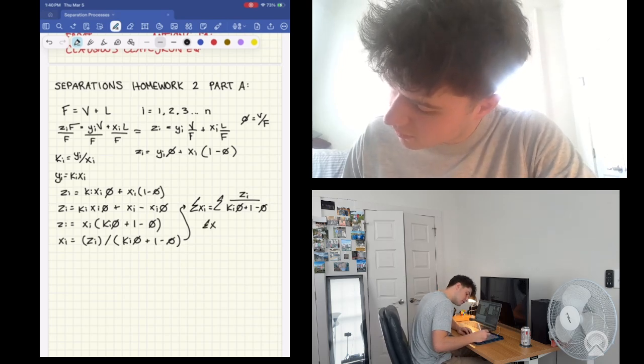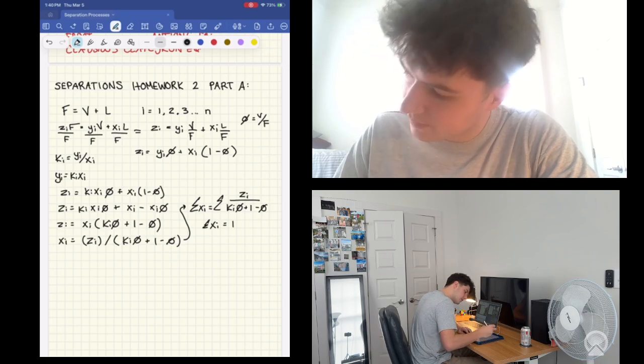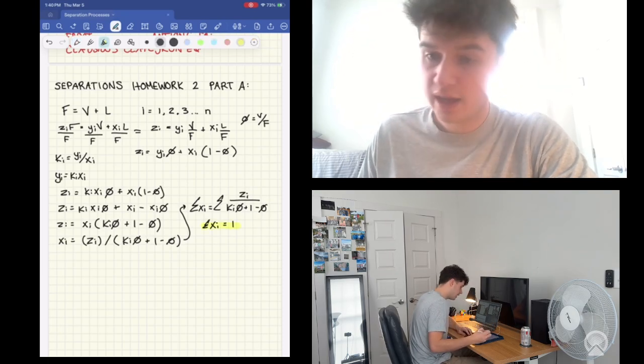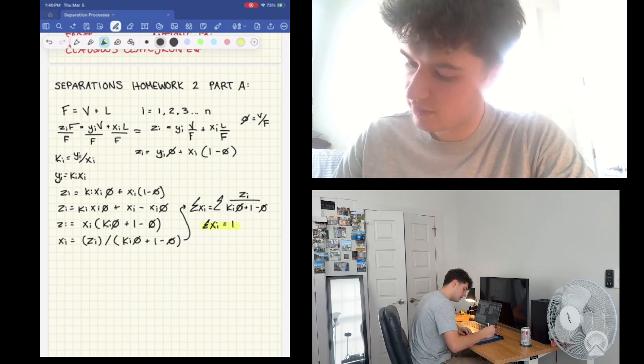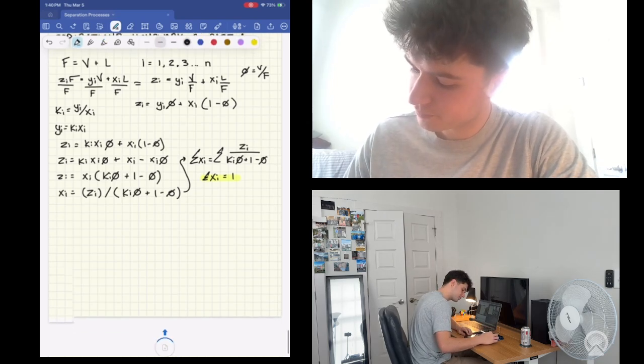So the summation of x_i is going to be equal to 1. We'll highlight this, and now we're able to move on to doing the same thing for our y_i term.